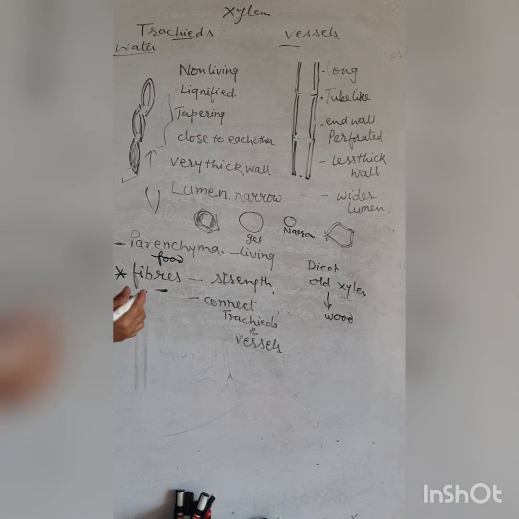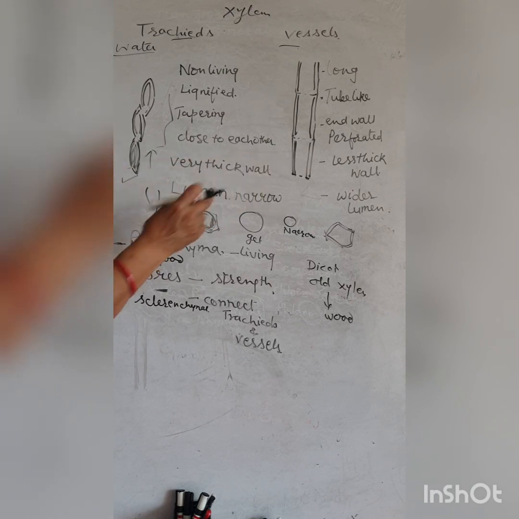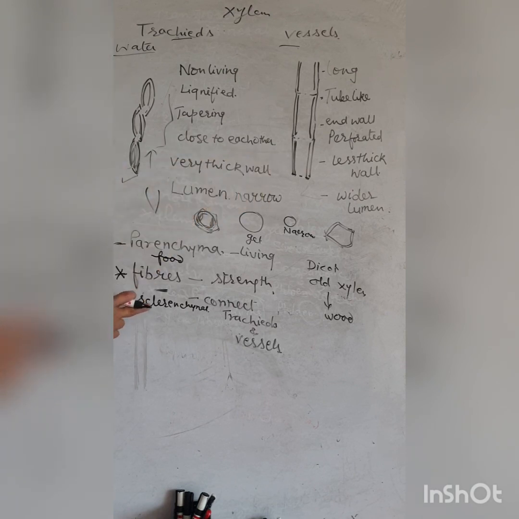They are made up of sclerenchymatous cells that we discuss in simple tissues, supportive tissues, dead cells, sclerenchyma. So they connect tracheids with the vessels and provide strength to the plant parts.